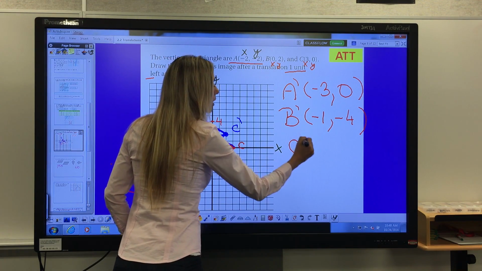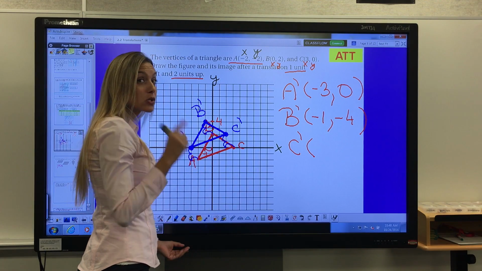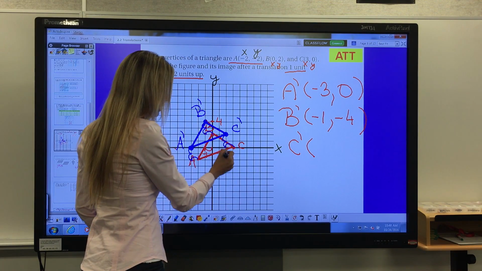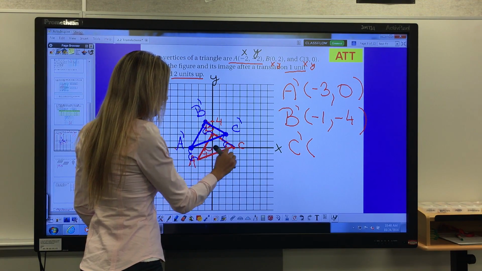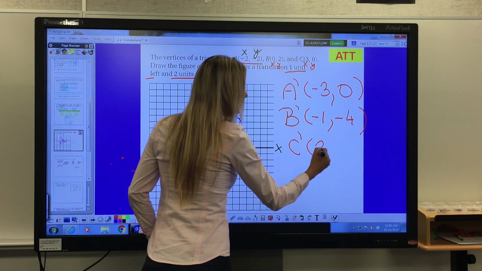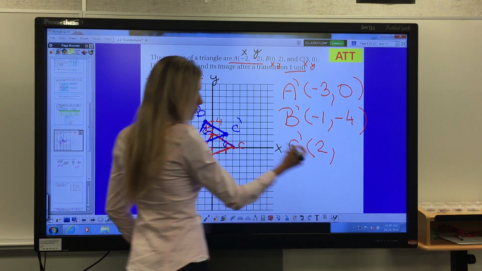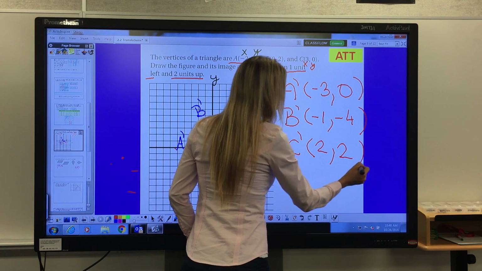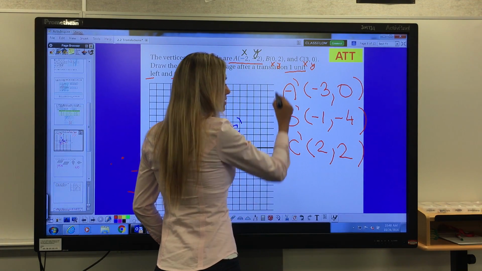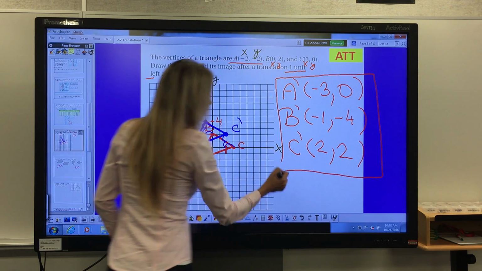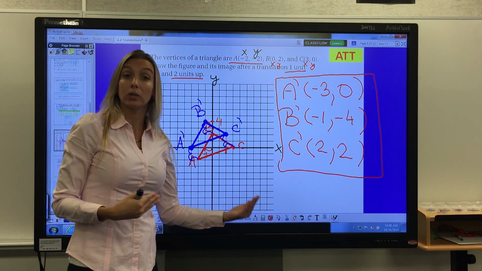Point C prime, always start with x. So that's 1, 2, +2, and 2 units up, also +2 on the y-axis. And this is what your teacher most likely will ask you for: give the new coordinates of the image.